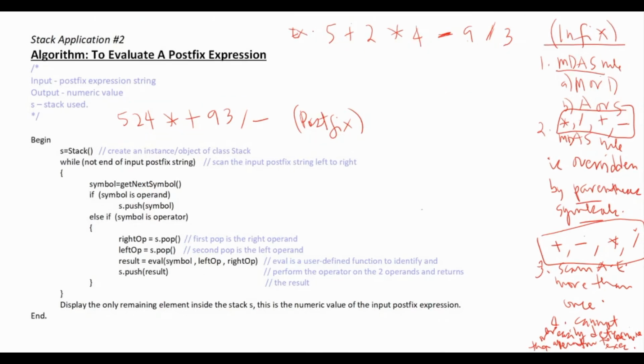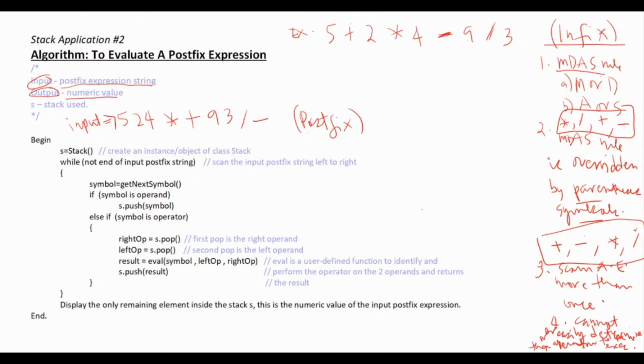For our second stack application, we're going to discuss this algorithm that evaluates an input postfix expression and returns the numeric value of that input postfix expression. So again, the input to this algorithm is the postfix expression string, and let's try to use this postfix string here as the input to this algorithm, and this algorithm would output the numeric value of the postfix expression.